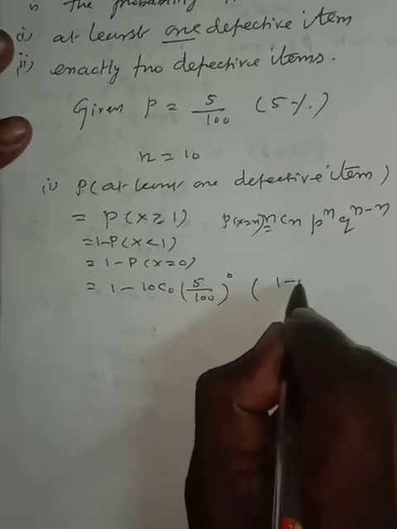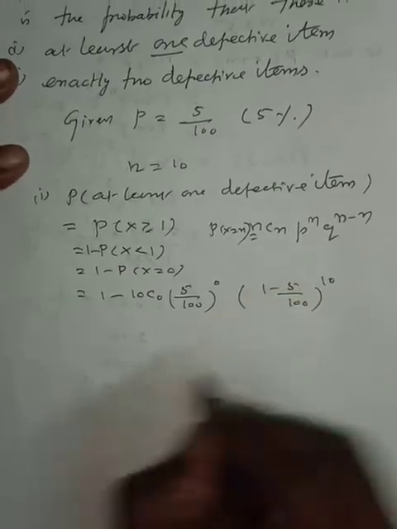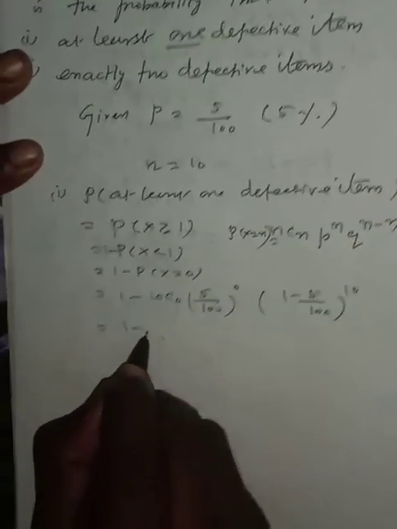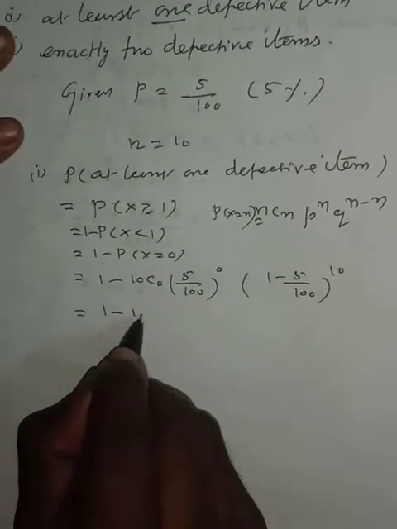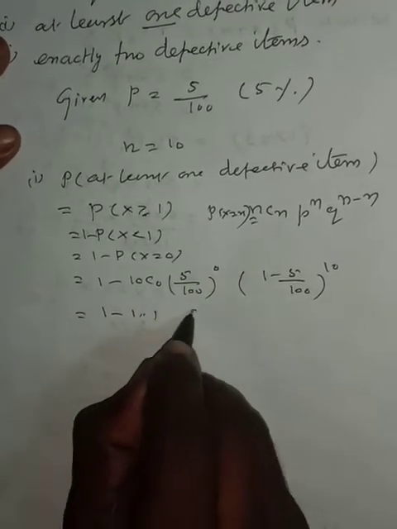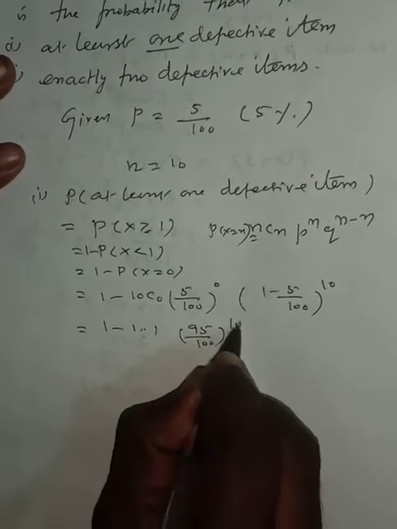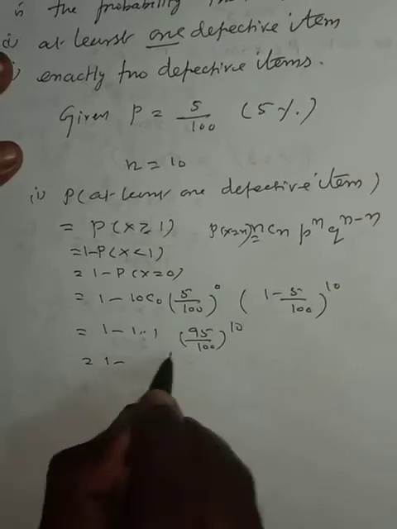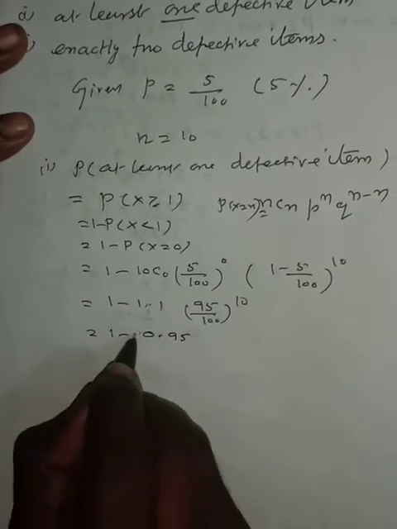Next, (1 minus 5 by 100) whole to the power of 10, so it is 1 minus 10C0, which means 1. Anything to the power 0 is 1. Next, taking LCM, 95 divided by 100 whole to the power of 10. This means 1 minus 0.95 whole to the power of 10.